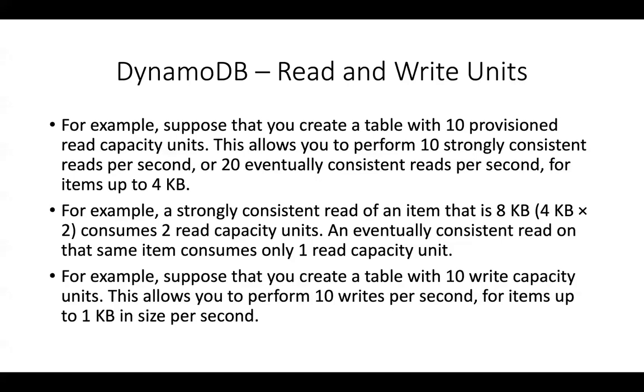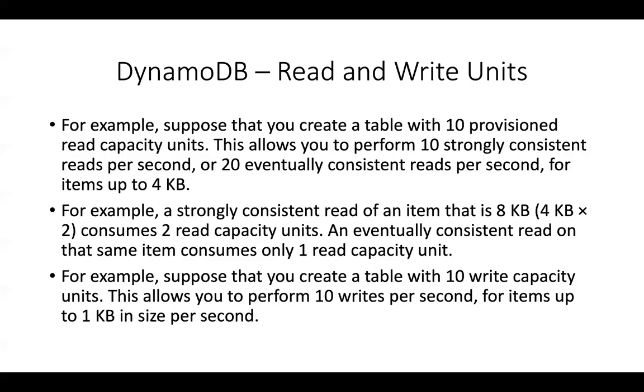When you divide that by 4 KB, you will know how many read capacity units you require, and that will be equal to the number of strongly consistent reads. And when it comes to eventual consistency, just divide that by 2. You will get the amount of capacity units you'll have to spend.